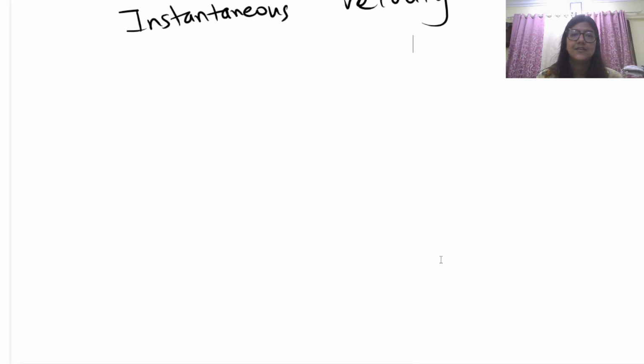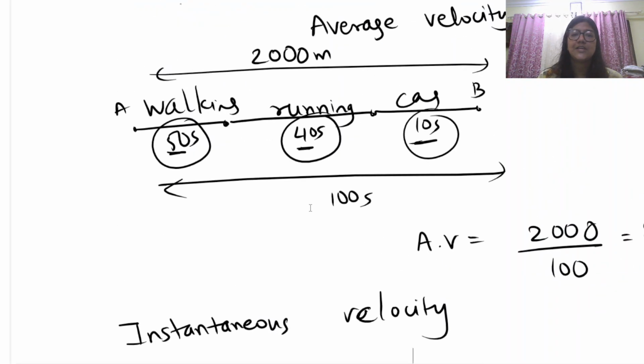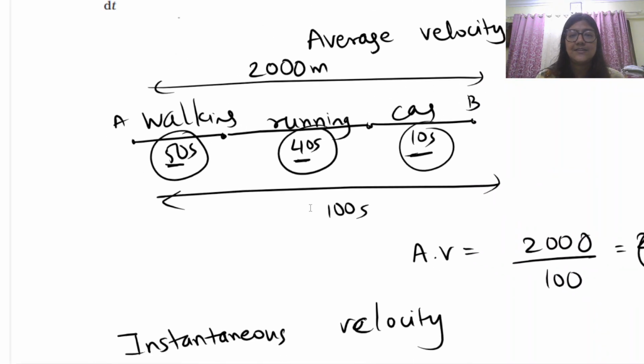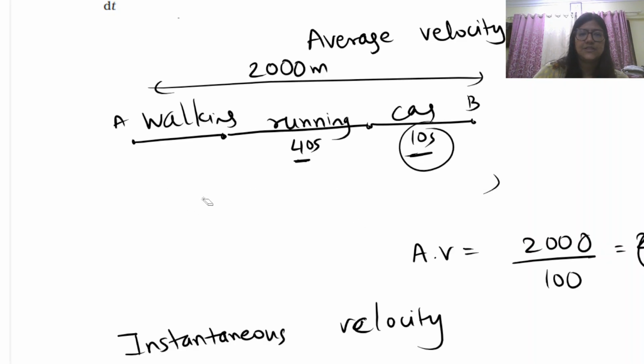Let's just say we check your movement in smaller intervals of time. Let's say we check every 10 seconds. Let's keep it 10 seconds. So after 10 seconds, you were moving at a velocity of, let's say, I won't get into the nitty-gritties of this.